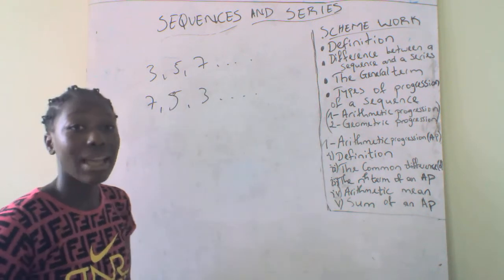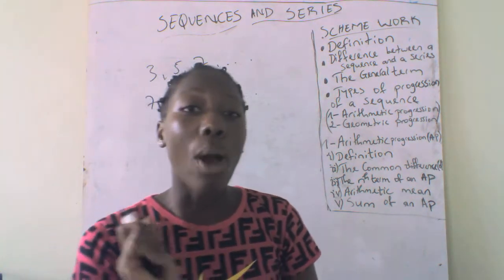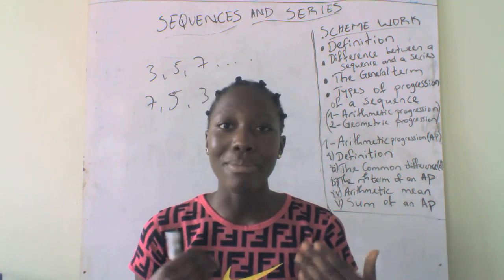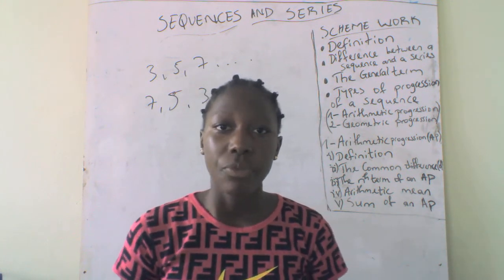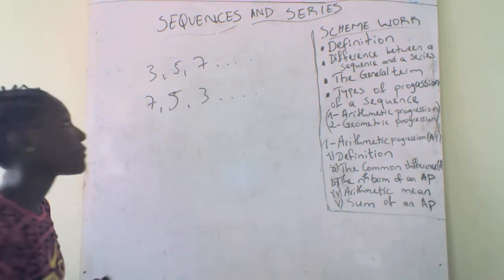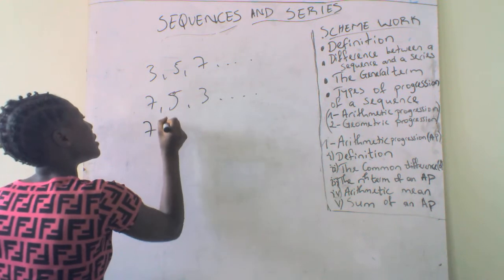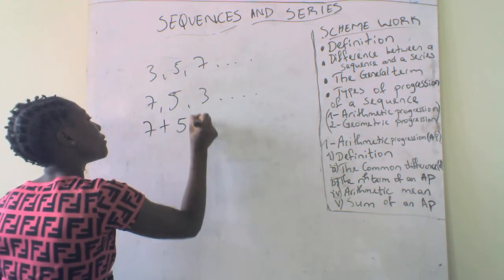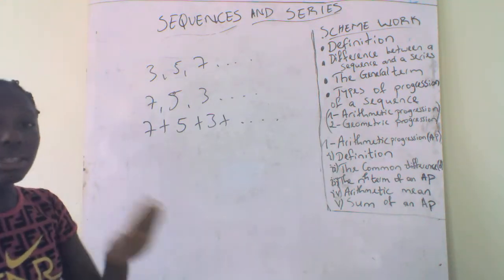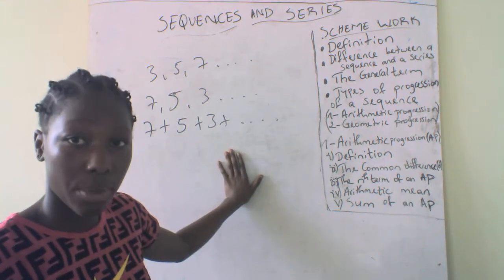So those are examples of sequences. While when we talk of a series, we mean summation. If we are asked for the series of this sequence, then we are going to say it is 7 plus 5 plus 3 plus ... So when we talk of a series, we simply mean summation.